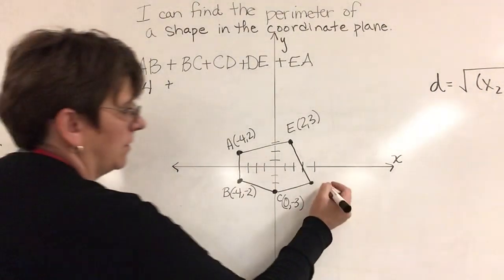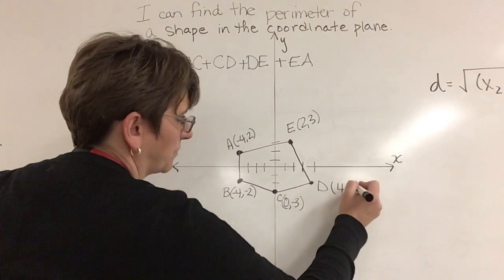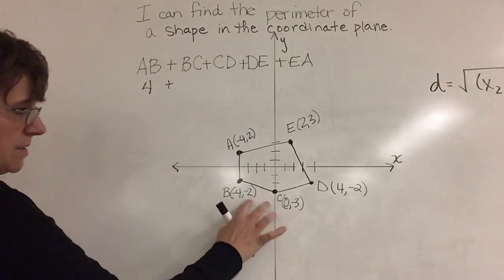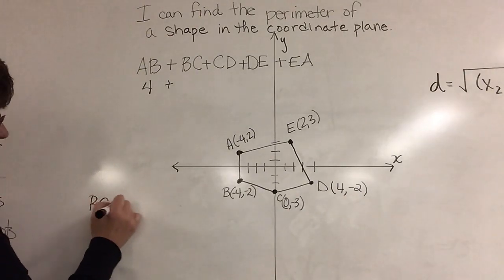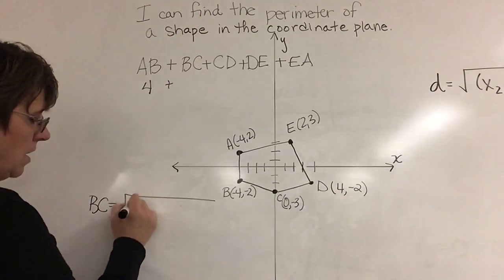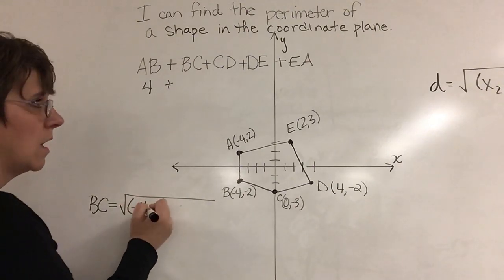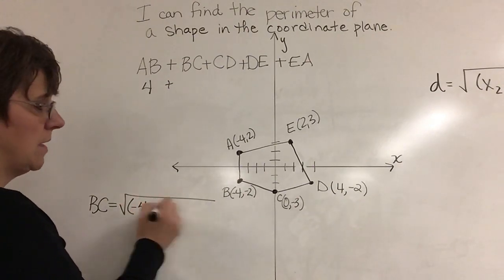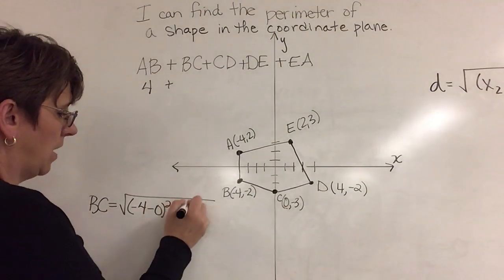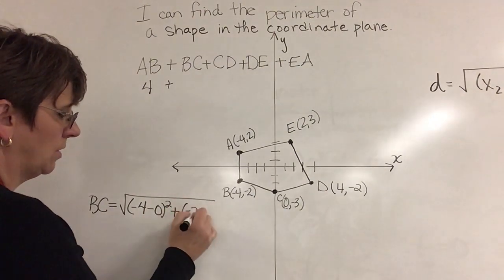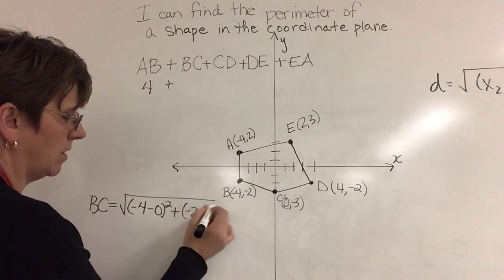But if I want to find the length of BC, I'm going to substitute these numbers into the distance formula. So BC is equal to the square root of x2 minus x1 squared plus y2 minus y1 squared.